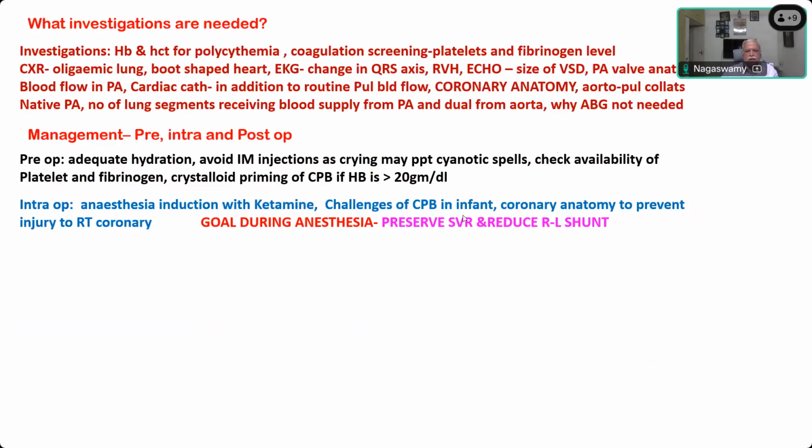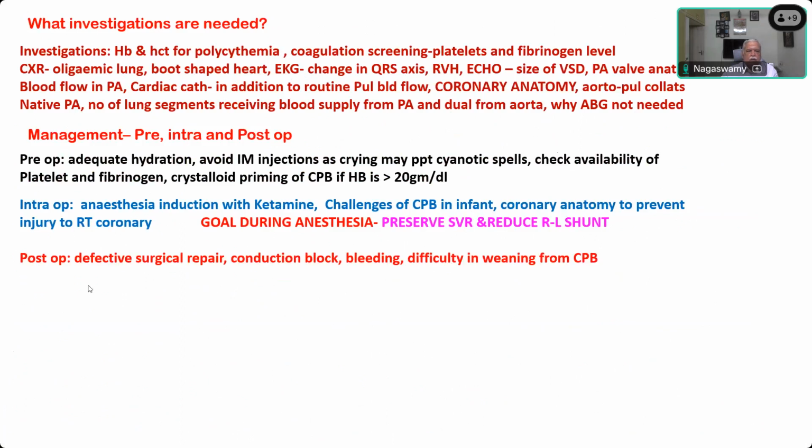And the challenges of cardiopulmonary bypass in the infant or pediatric age group: coronary anatomy, to prevent any injury to the right coronary vessels, as I said earlier. And the goals during anesthesia are to preserve the SVR and reduce the right to left shunt further. These are the important goals. Post-op, a defective surgical repair can result in failure of surgery.